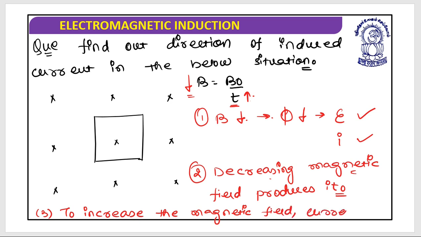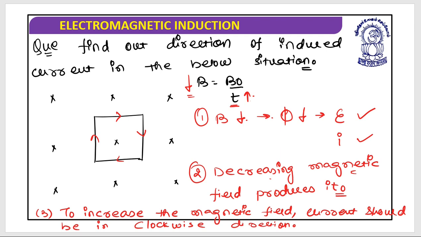current should be in clockwise direction. Why in clockwise direction? Because if you remember moving charge and magnetism, there we have the Biot-Savart law. It says that if current is flowing in the clockwise direction, then according to the palm rule you can prove this, or according to certain tricks, if you assume this square wire in a virtual circular frame, and if current is flowing in the clockwise fashion, then the magnetic field will be inside.